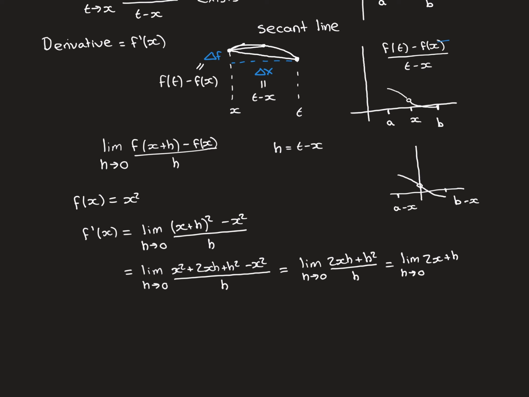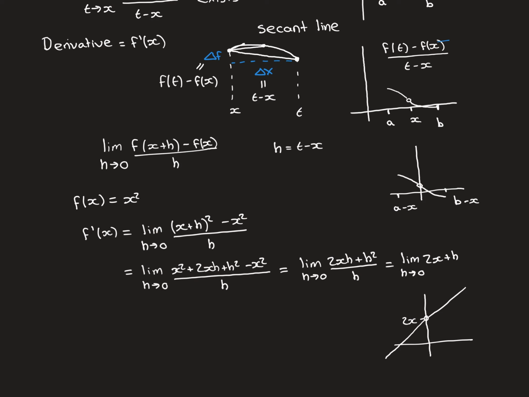Now of course the function, this quotient function, this rise over run function, is not defined at h is equal to 0. So we're only interested in all the other values of h, and for all the other values of h that are non-zero, the multiplicative inverse of h is going to exist, so we can cancel this h away. So cancelling the h will leave us with this is the limit as h approaches 0 of 2x plus h.